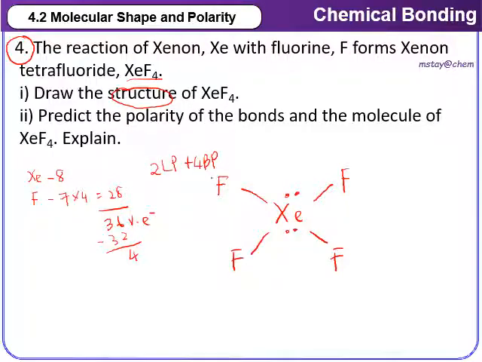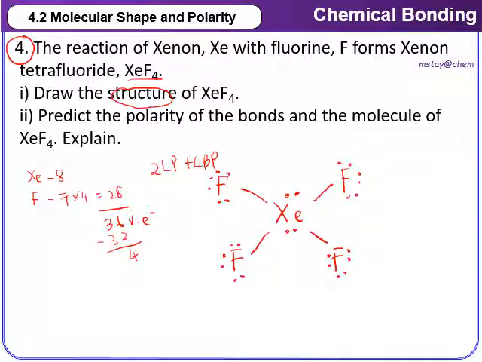Don't forget to complete the lone pair electrons at the terminal atoms. You can double check again: we have 4 terminal atoms, each terminal atom has 8 electrons, so minus 32, and then we have an extra 4 electrons. We place them at the central atom. So we have done the Lewis structure of XeF4.